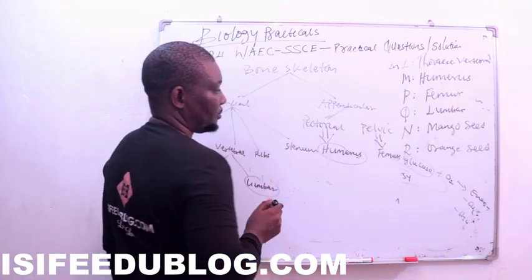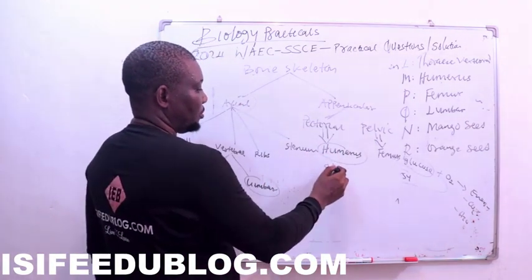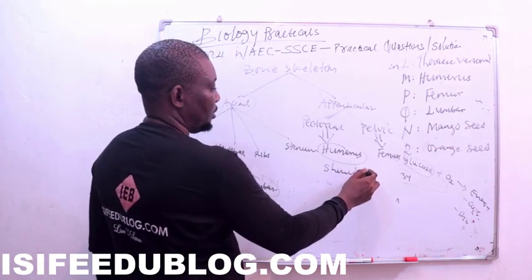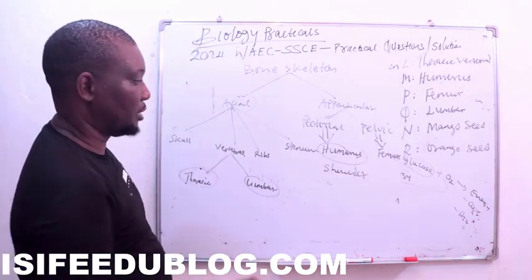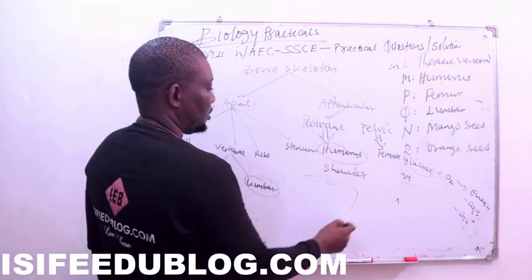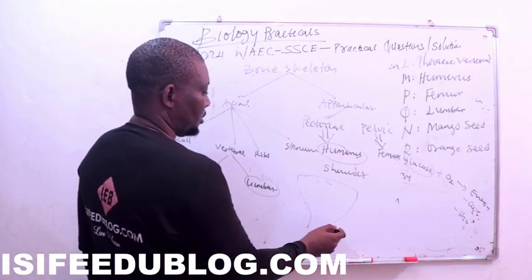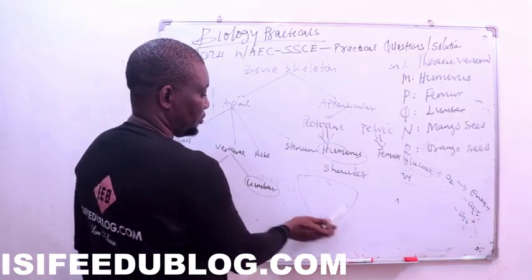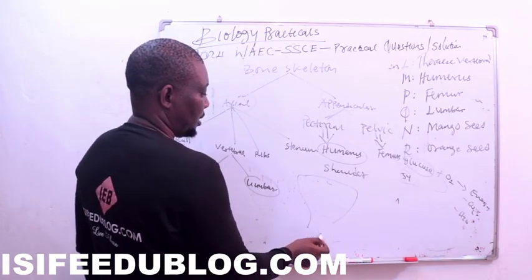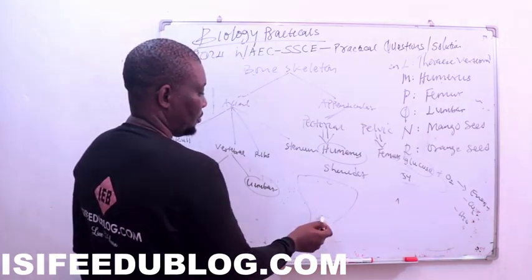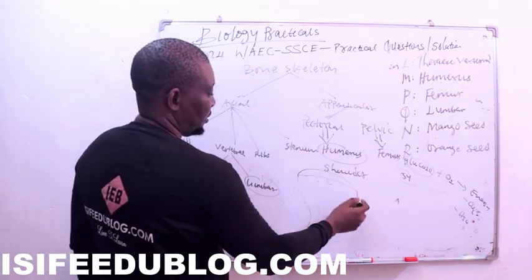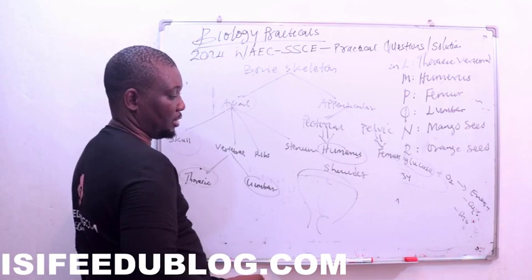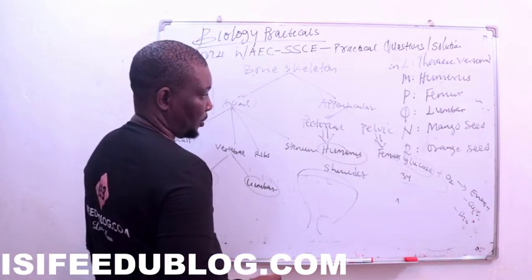Where is the humerus? The humerus is found at the shoulder. There's a triangular bone with a glenoid cavity and a long spine with a projection over here. This triangular bone is the scapula.